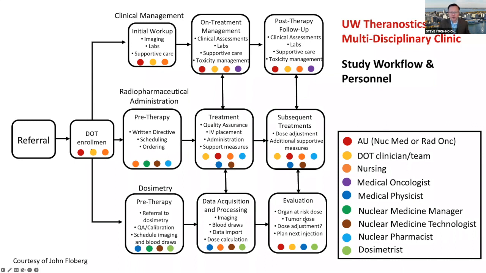More of these trials require dosimetry estimates and imaging. But again, involving a multidisciplinary team, involving nursing, medical physics, as well as our dosimetrist and our nuc med technologist for the infusion, as well as our nuclear pharmacist to receive and to distribute these therapeutic agents.